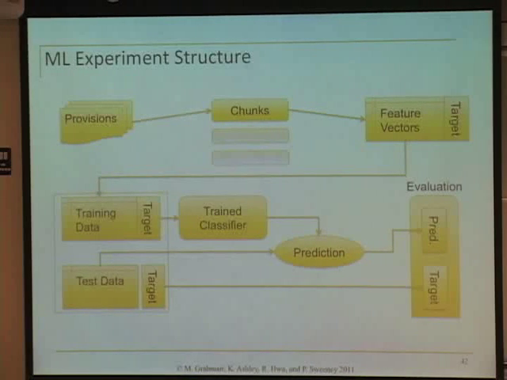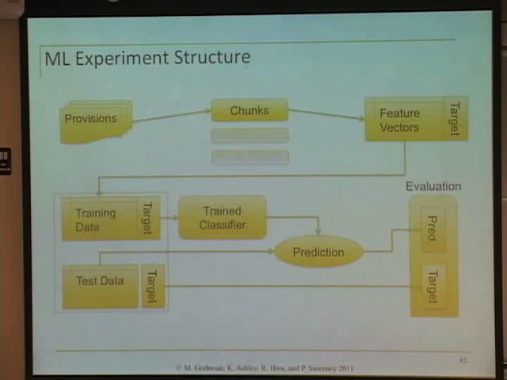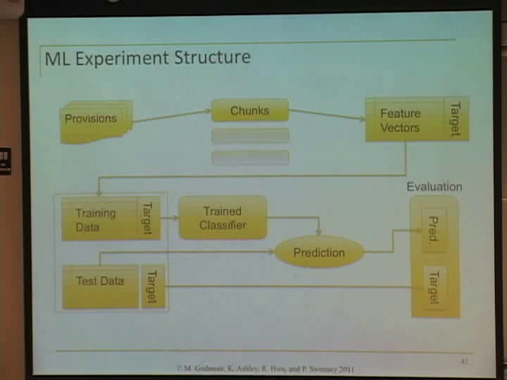We took the provisions, we broke them down into chunks in a systematic way. We represented the chunks with a bag of words representation as feature vectors. We separated training data from test data. We trained classifiers for each of those 9 concepts on the training data, and then evaluated how well our prediction was against the test data.